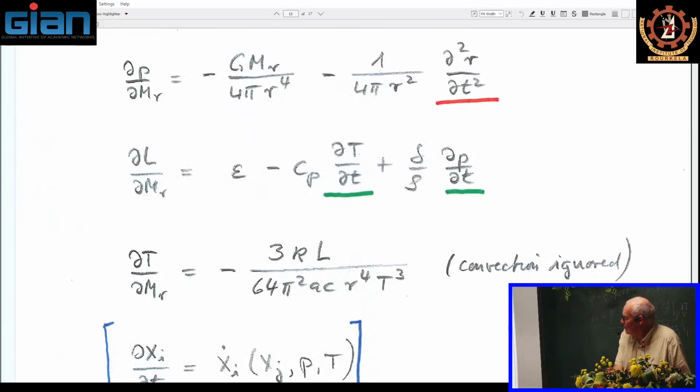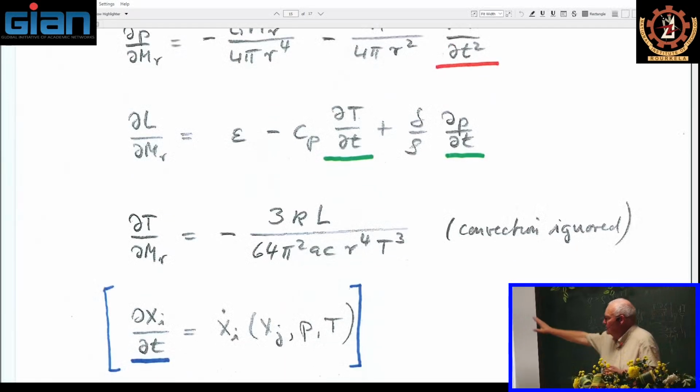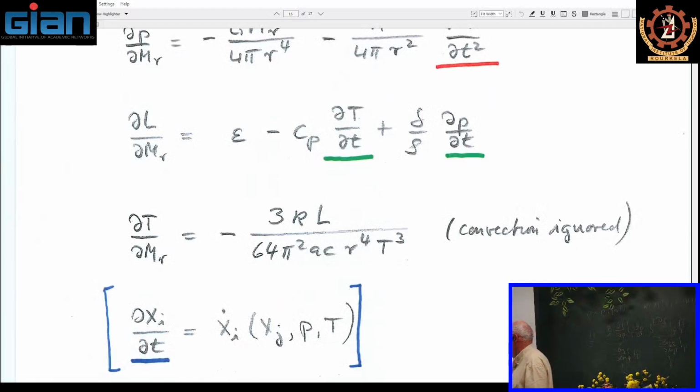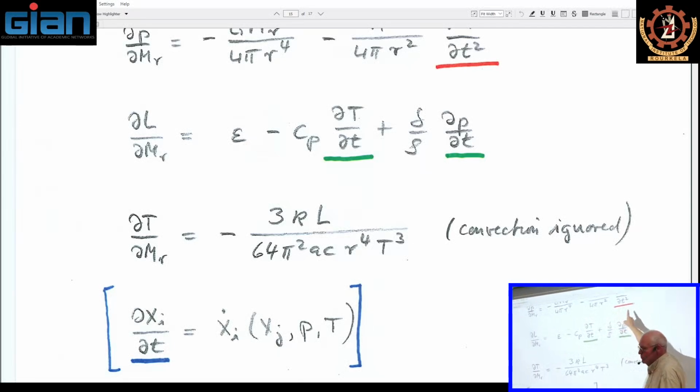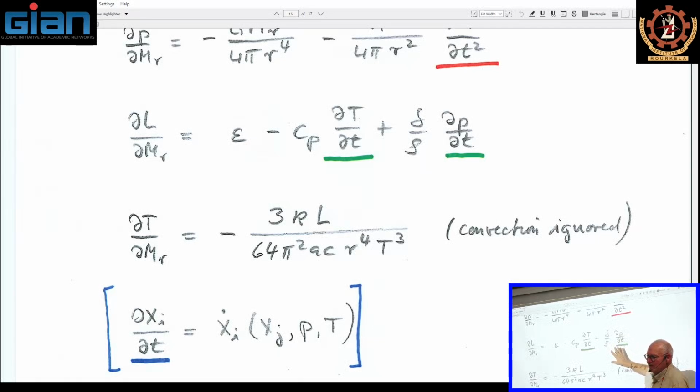The red term, in any way, we consider only these long timescales, thermal timescale, nuclear timescale. For pulsations, we have to take into account the dynamical term, and partially we take into account the change of heat content, the thermal timescale. We can ignore the nuclear timescale.